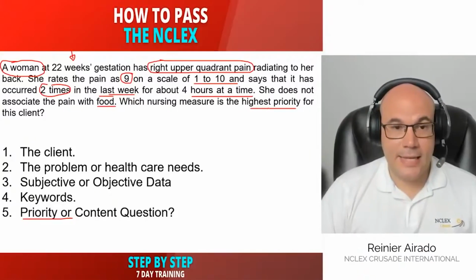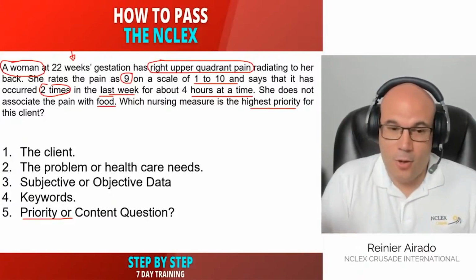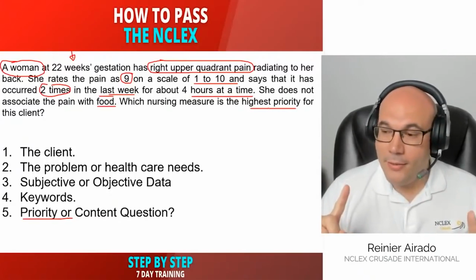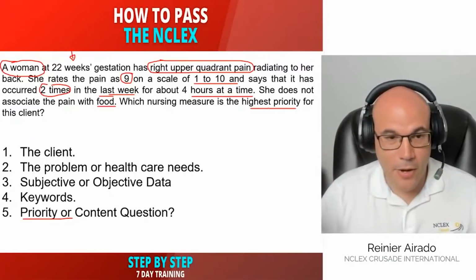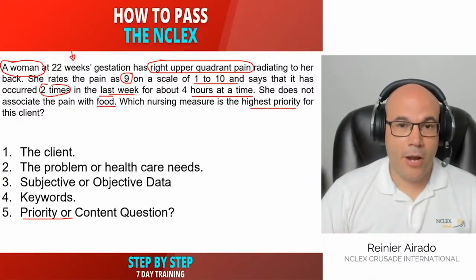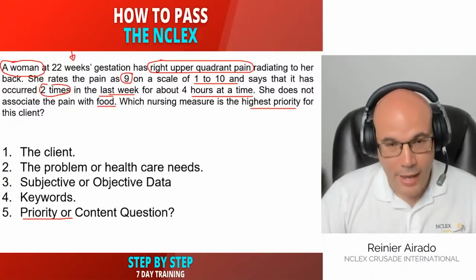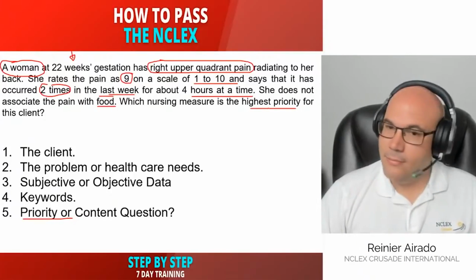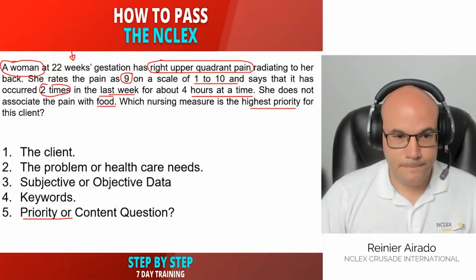If you see that it's a content-based question, then all you have to use is content. Easy. But when it says highest priority or other keywords that indicate prioritization, you have to use a strategy. Otherwise, you're not going to answer correctly.